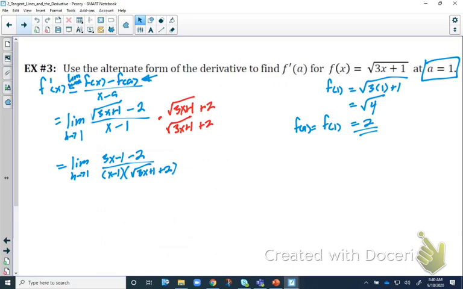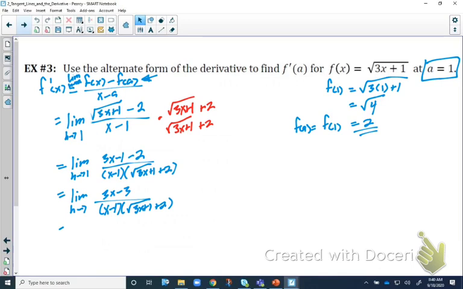And combining the like terms in the numerator, we're going to start to see how something is going to factor out pretty quickly. In the numerator, I'm going to get a 3x minus a 3, over the x minus 1 times the square root of 3x plus 1 plus 2.